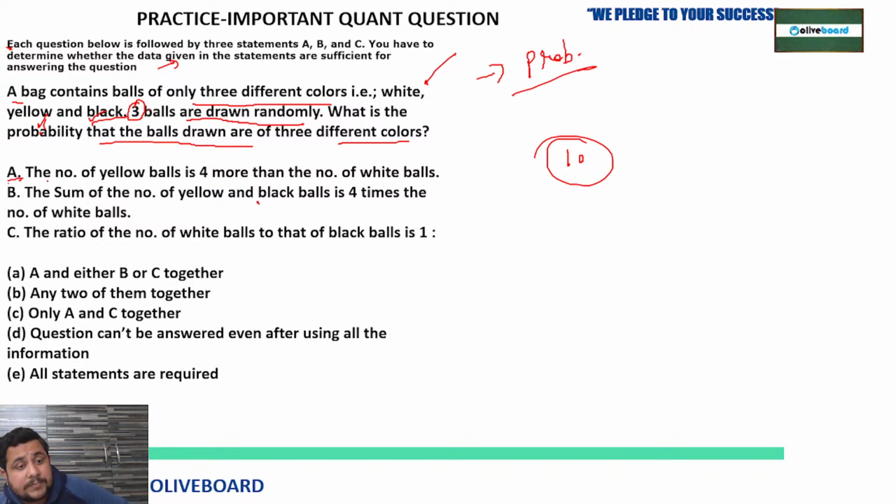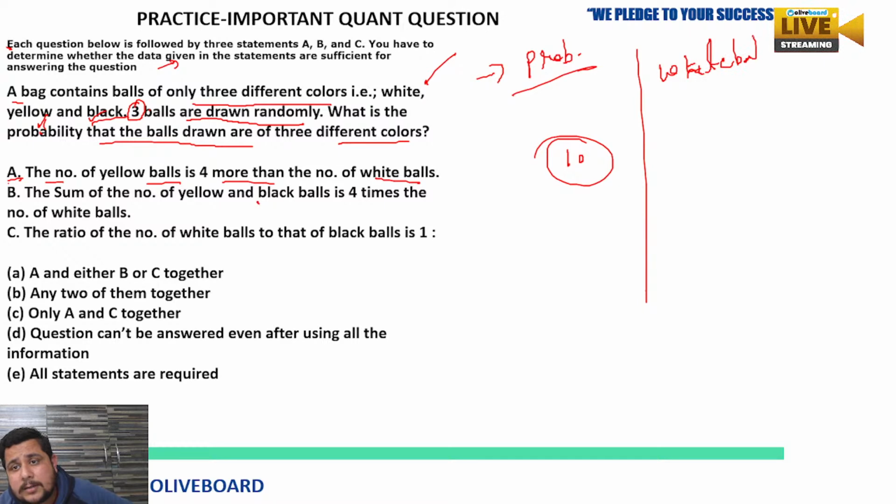So statement A: the number of yellow balls is 4 more than the number of white balls. So we just put the data. For example, the number of white balls is W. So yellow balls are 4 more than that, so we can say that Y equals W plus 4.